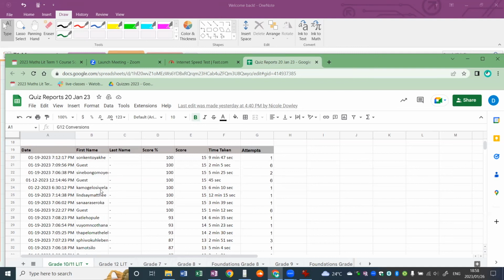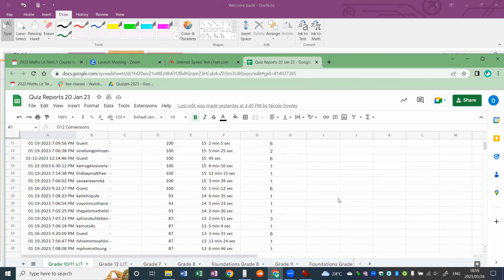There was another one. Oh yes, all those guys got 100% for their quiz. Some people did their quiz in guest mode and they got 100% as well, but we couldn't name them because they're guest mode participants. So when you do your quiz, please don't enter in guest mode. Use your username and then we can call you out.